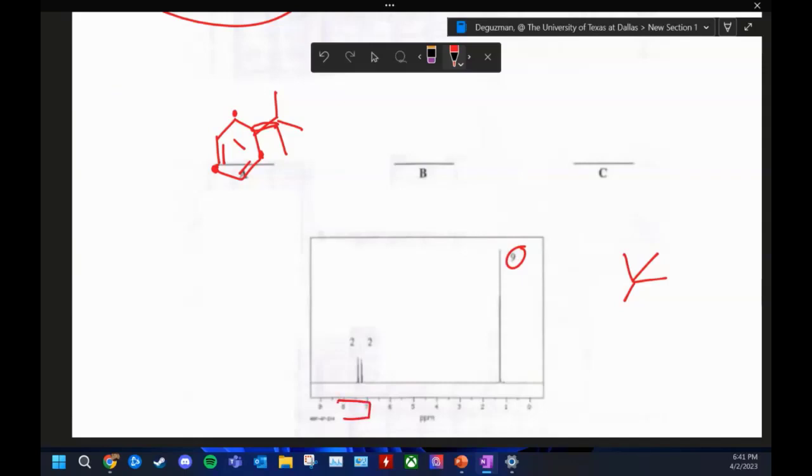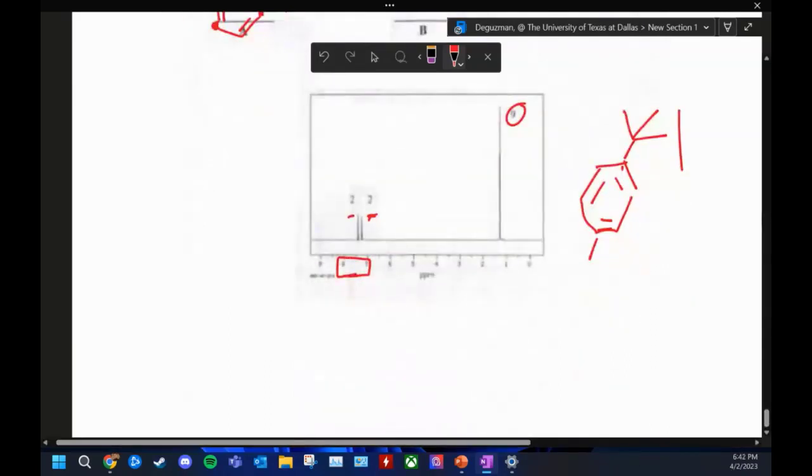And then from 7 to 8, that is our aromatic range. We have a 2 and a 2, right? And the only way we can have 2 pairs of similar hydrogens is to put it in the para position. Either ortho one will break symmetry, right? Yeah, so right there, where these two are equal, and then these two are also equal.